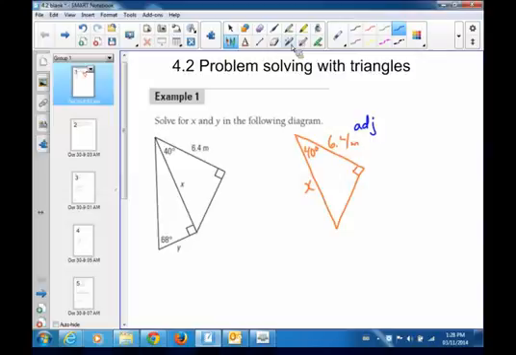Adjacent means beside. Hypotenuse is across from the right angle.